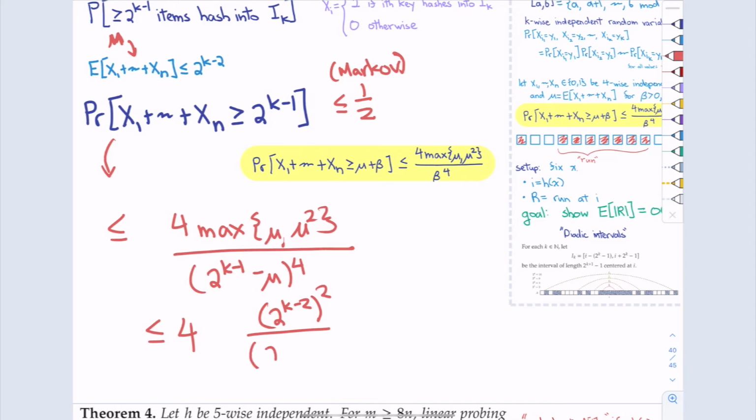And down here, I can also replace mu with 2 to the k minus 2, to the 4th. Now 2 to the k minus 1 minus 2 to the k minus 2 is equal to 2 to the k minus 2. So we'll have the same thing in the numerator and denominator, and we'll just cancel out the common terms.